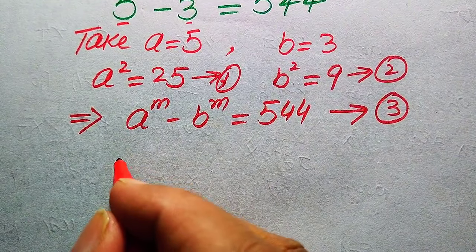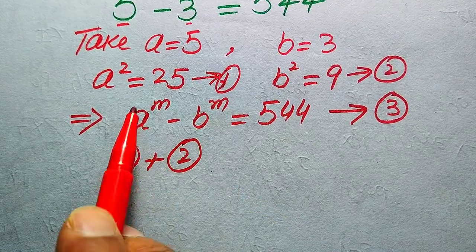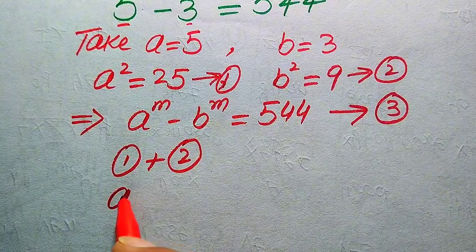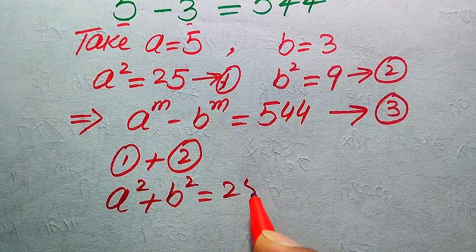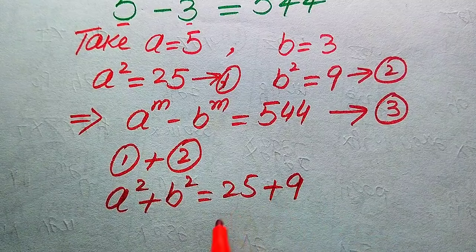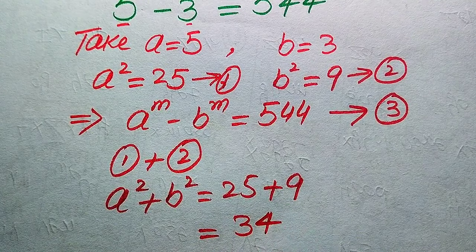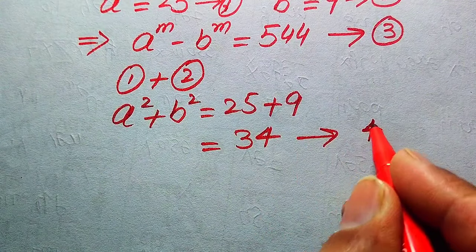Now in the next step we need to sum up equation number 1 and equation number 2. When we add these two equations, it will be written as a square plus b square equals 25 plus 9, and 25 plus 9 becomes 34. We call this equation number 4.